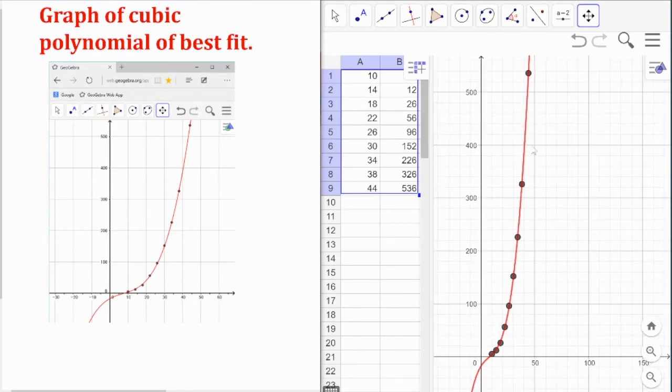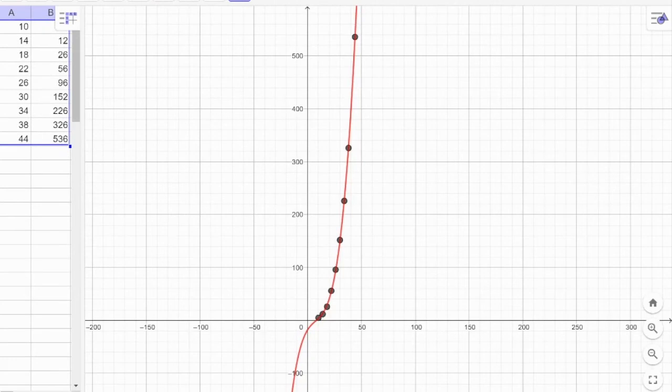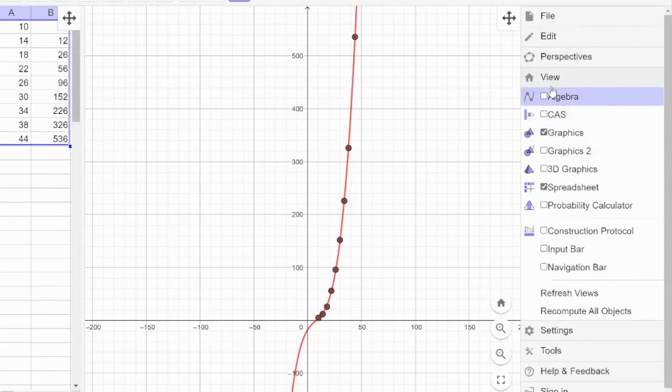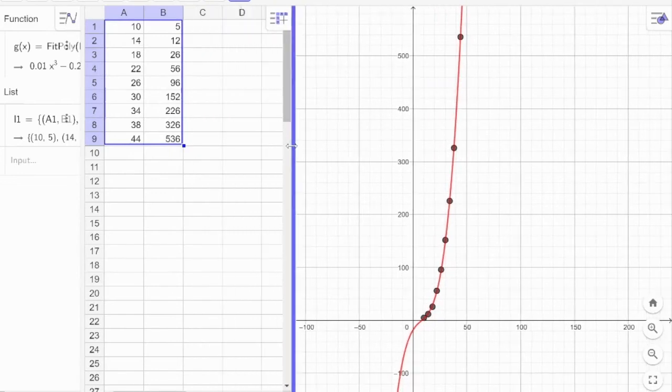If we want to see the actual function that draws this curve, we can. I'm going to go back to full screen mode. We can come up to this menu bar, go to the view menu here, and choose algebra. And I'm going to expand this algebra pane.